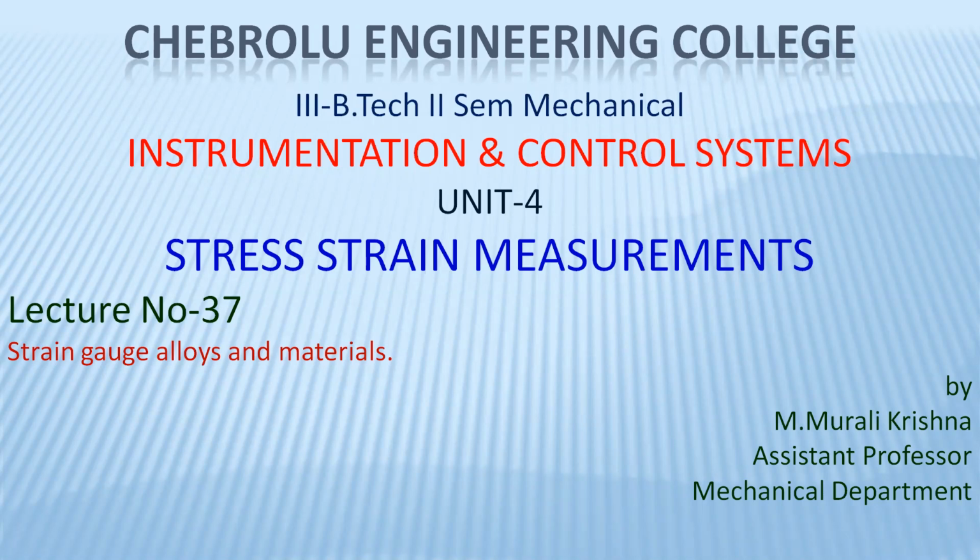these strain gauges. In the previous class, we discussed the different types of strain gauge alloys used in the manufacturing of strain gauges. We are using different types of strain gauges, how they should be manufactured, and what materials are used to manufacture them.